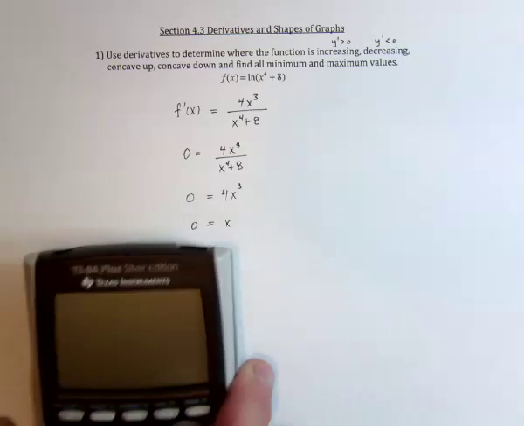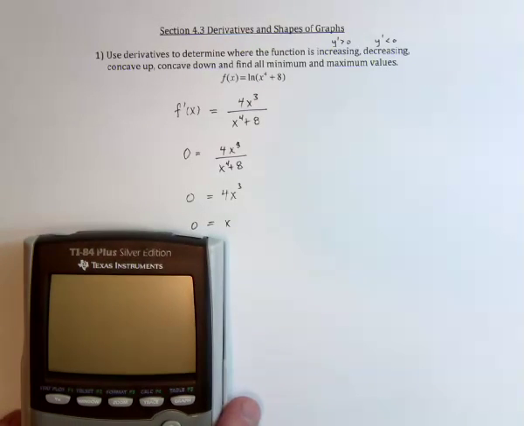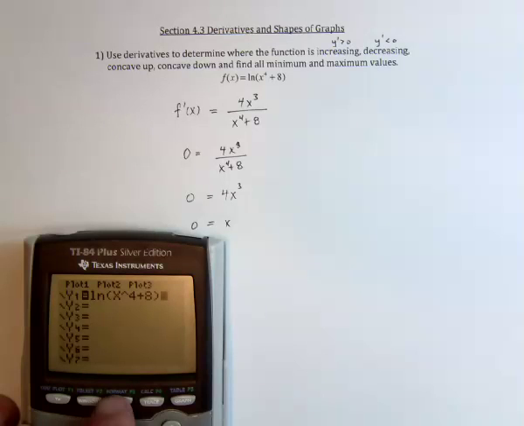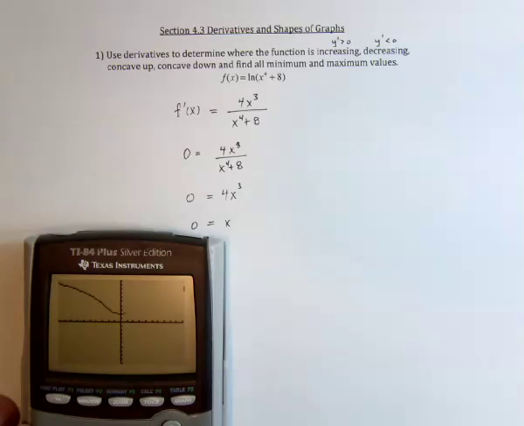So I'd like to verify that on the calculator. So the original function was the natural log of x raised to the 4th plus an 8, seems to be a very well behaved function. X equals 0, there's a minimum.